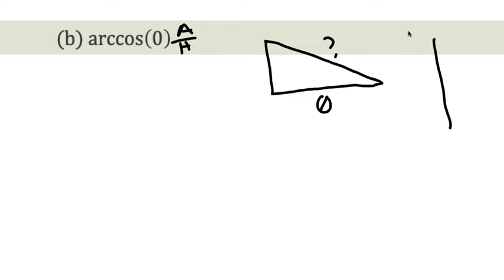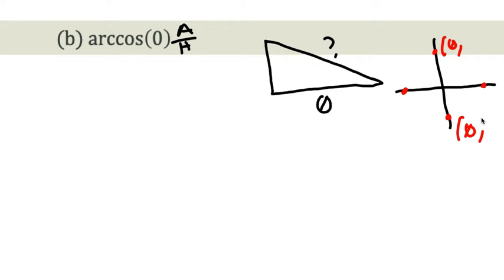That means we're looking at one of the spots on the axes, either the x or y axis, and we want to know where cosine is 0. If we remember back, cosine relates to your x-coordinate. So where is the x-coordinate 0? That would be here or down here.